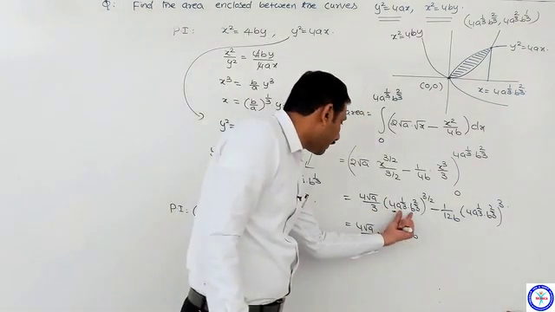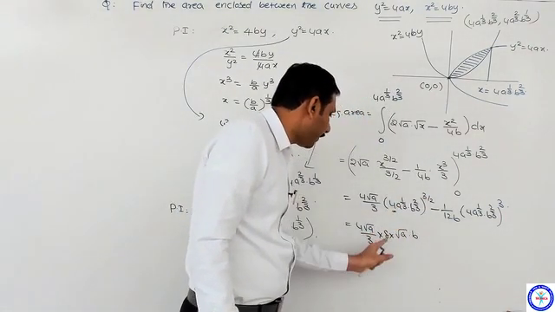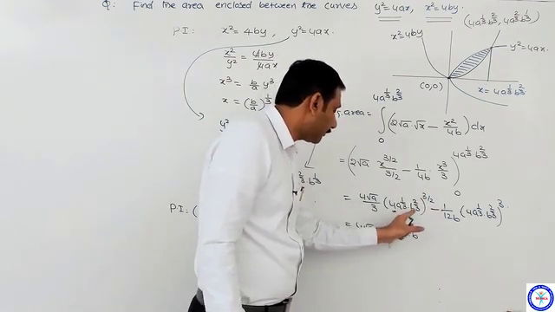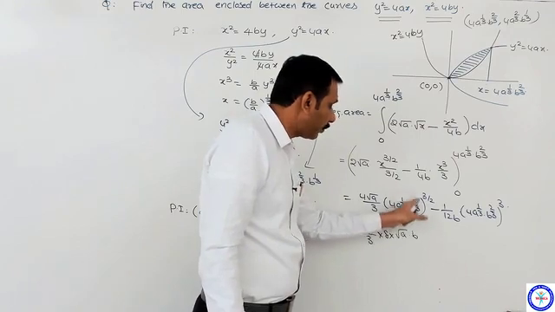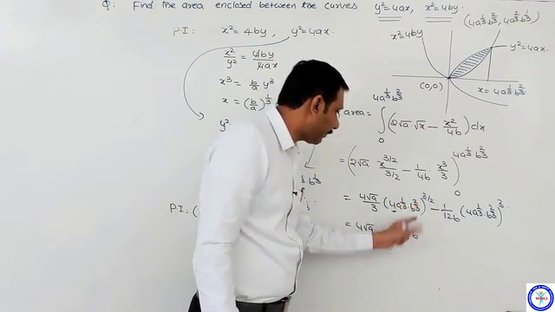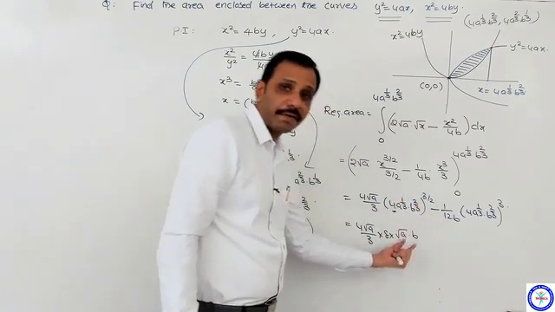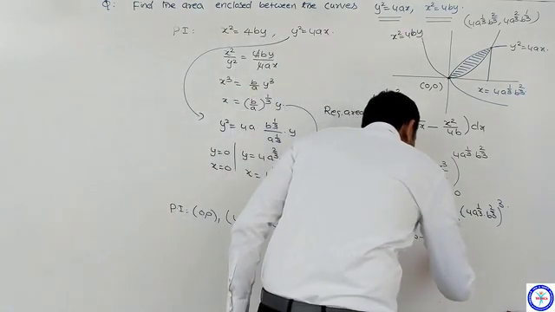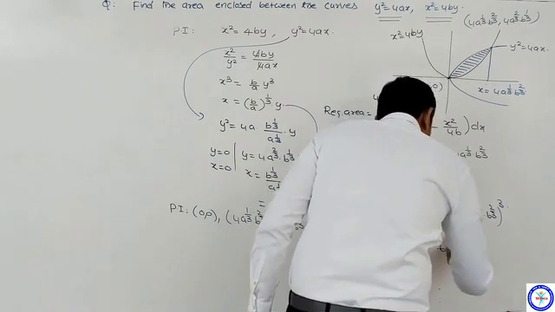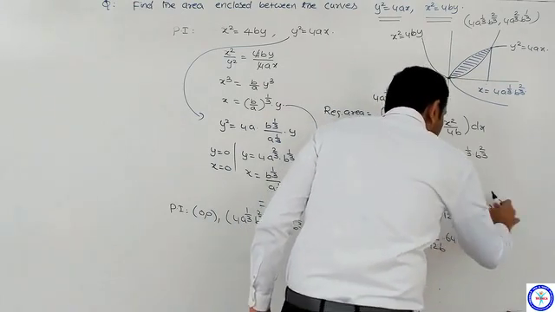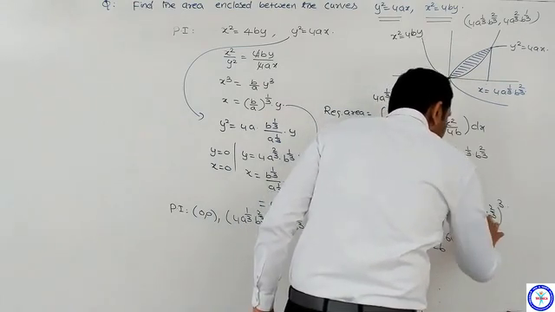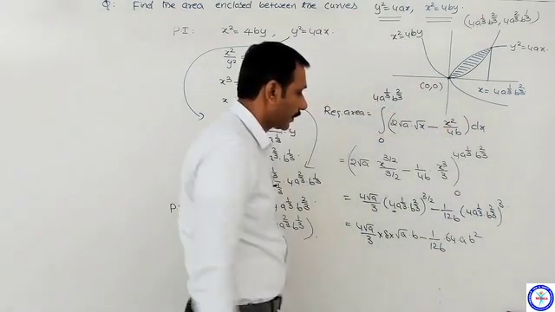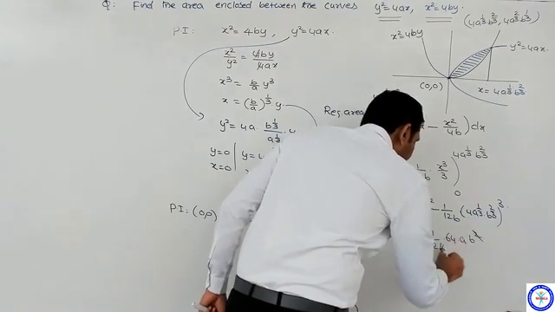So, simplification of this one: 4^(3/2) is 8, (a^(1/3)) whole power 3/2 is root a, (b^(2/3)) whole power 3/2 is b. Simplification of this term I have written here: minus 1 by 12b into 4 cube, 64, (a^(1/3)) whole power 3 is a, (b^(2/3)) whole cube is b square. Here one b will get cancelled with this.